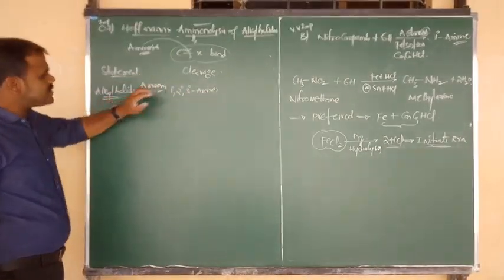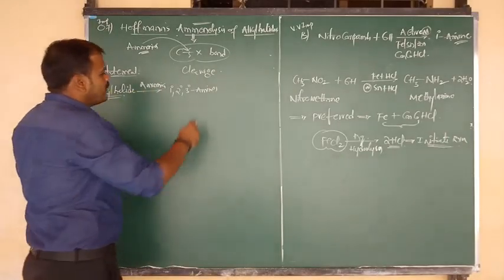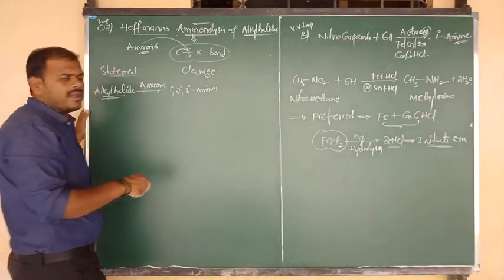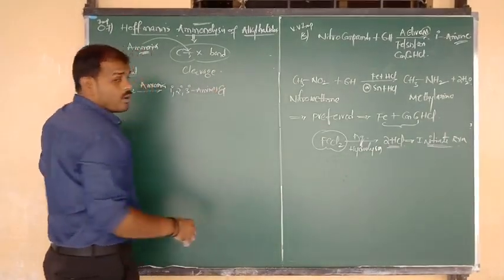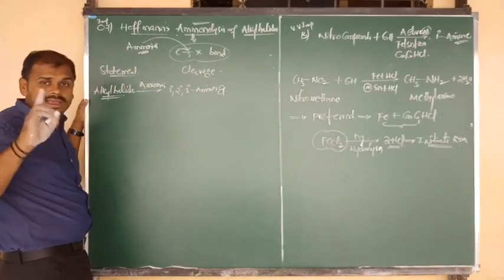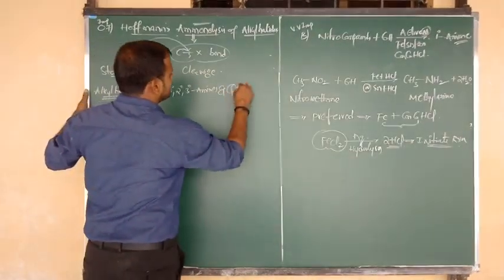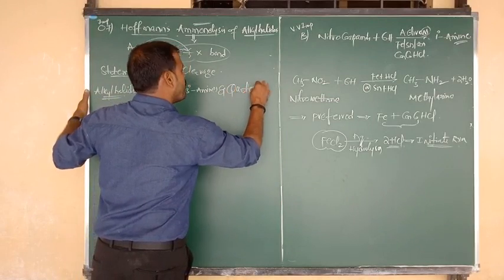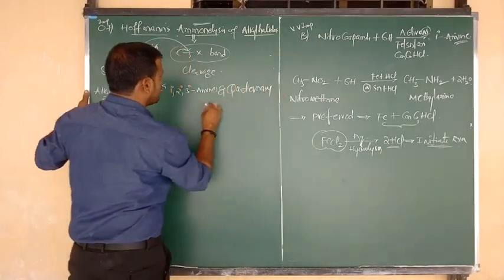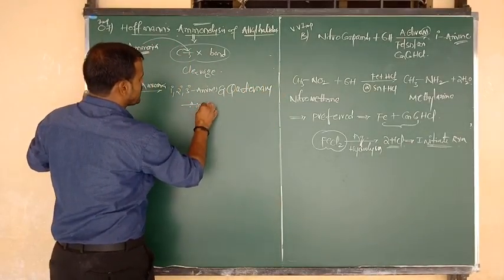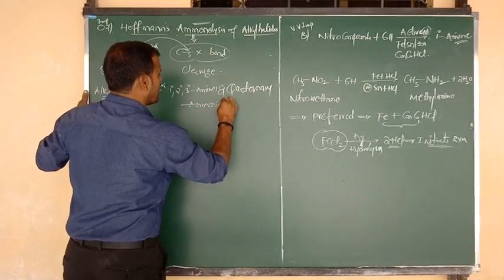So alkyl halides on reaction with ammonia give primary, secondary and tertiary amines, and also in this method we can get a final product that is very important. We have to say the quaternary ammonium salt. What can we say, beta?